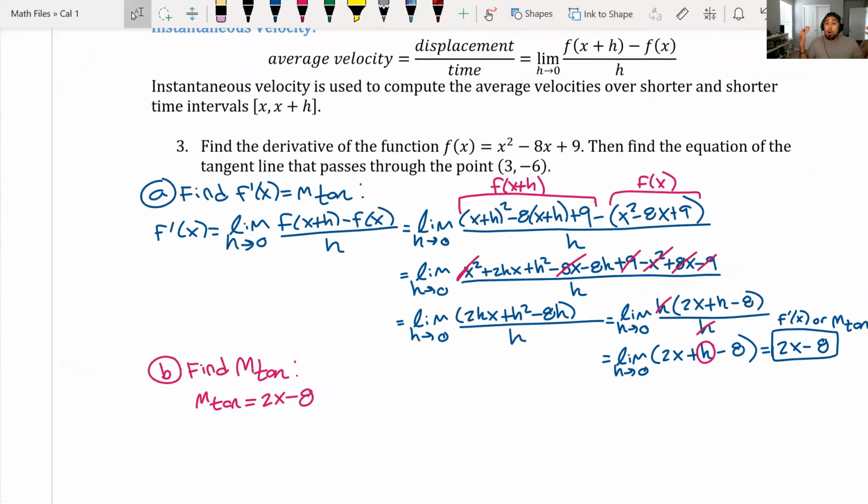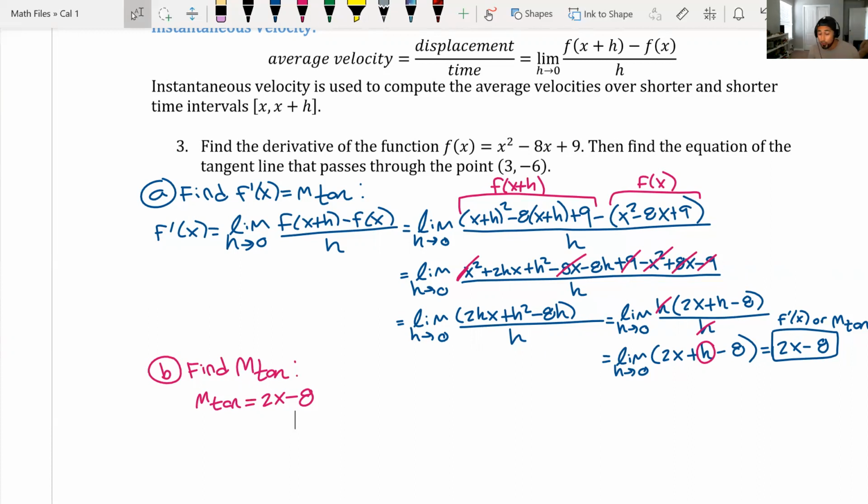Well, are we given an x value to plug in? Look at the problem, and we're given a point, 3, negative 6. Which one is the x value? If you guessed it, 3 is the x value.